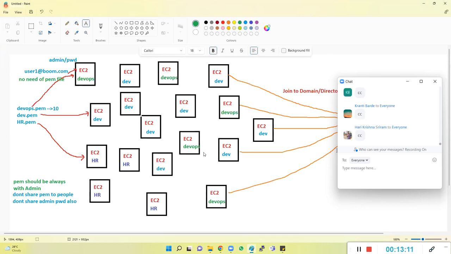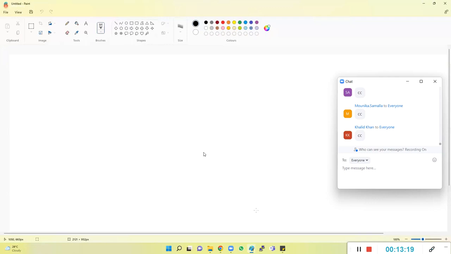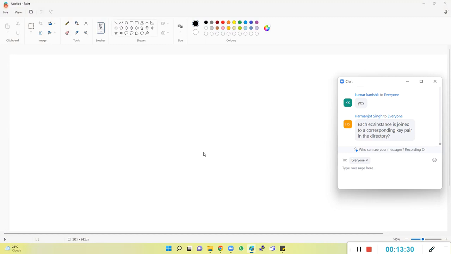Before I go to the next important topic. Okay, very good. Each EC2 instance will have its own key pair. That's fine.